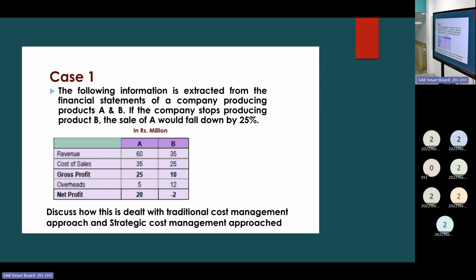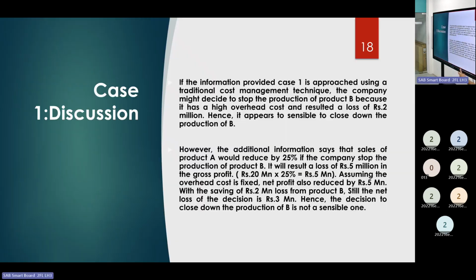You are dropping a loss-making segment of the business, but if you drop that loss-making segment, some customers will not come to the business. Those customers, when they come to the business, they will buy some profit-making segment as well. So when you drop the loss-making segment, automatically some profit-making segment sales also drop. Right? So the answer is there in the next slide.